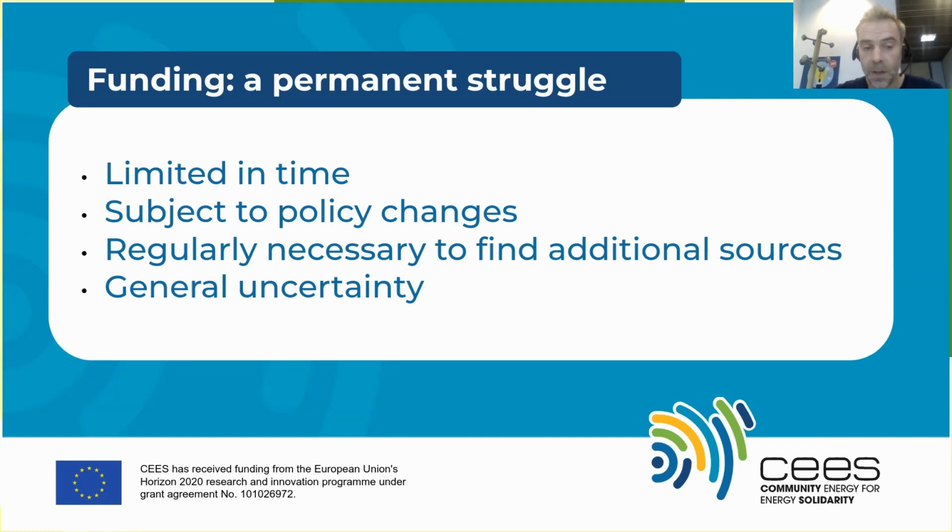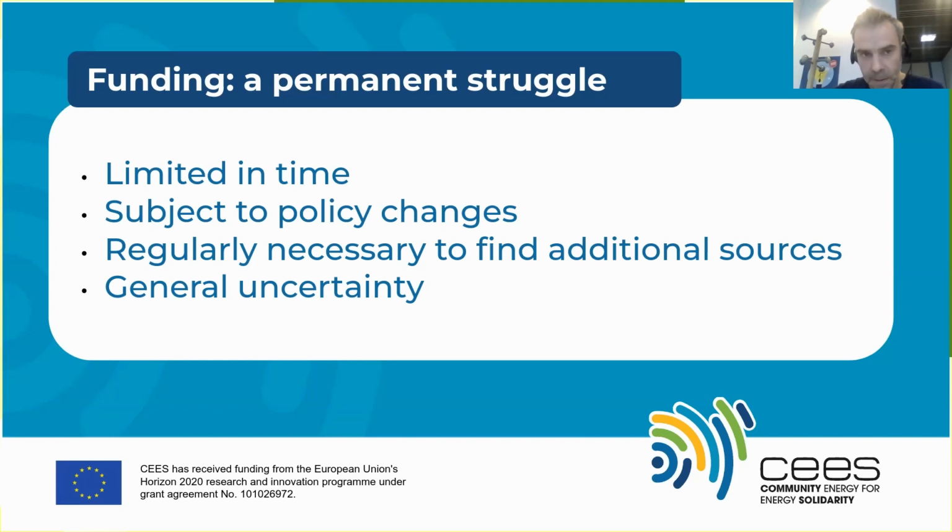They're also subject to policy changes, so public funding is very much related to public policies, and public policies can change from one government to another regarding the context. And because of the context today, there are certainly some regulatory issues.